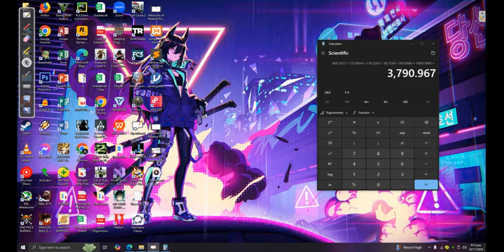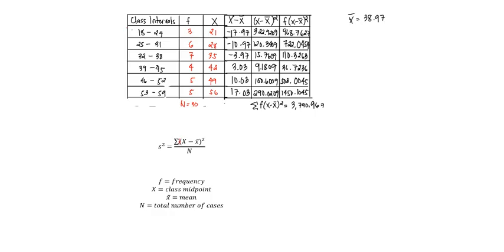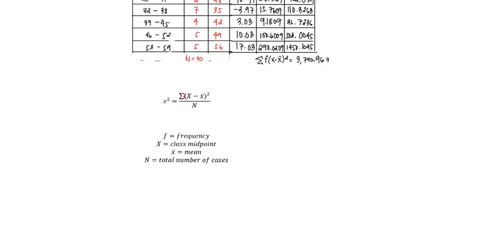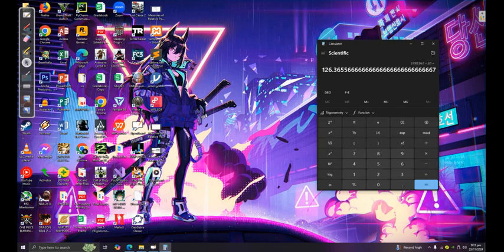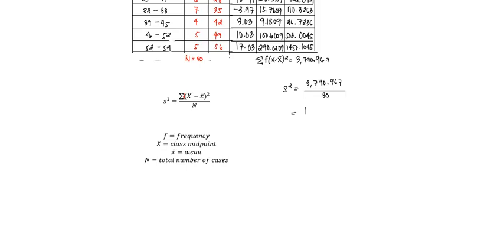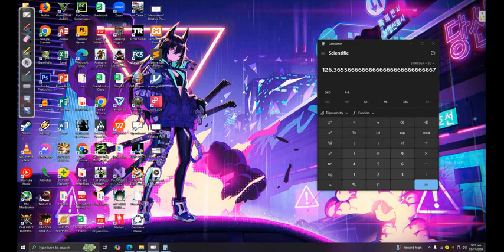Okay, now we could just substitute that to our formula. So s squared is equal to the summation of f times x minus x bar squared, which is 3790.967, and then we divide it by n, which is given here, which is 30. If we do that, it will give you 126.37.